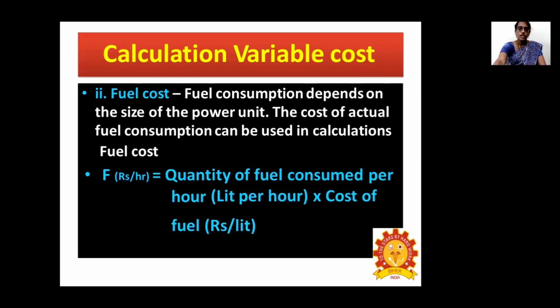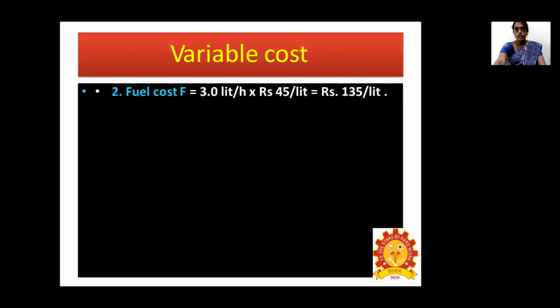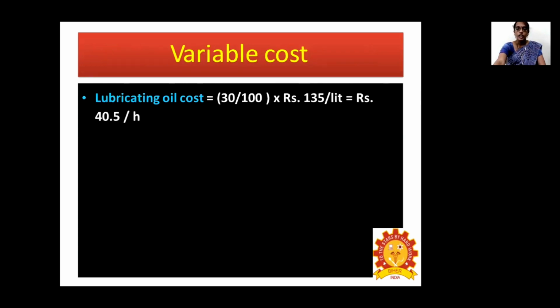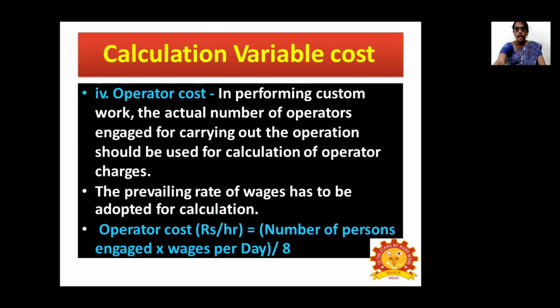Next comes the fuel cost. It depends upon the quantity of fuel and the cost of the fuel consumed, and if you multiply these two terms, we can calculate this fuel cost, with fuel at around 135 rupees per liter. And next comes the variable cost, lubrication oil cost, which is normally taken as 3% of the fuel cost, and this can also be calculated.